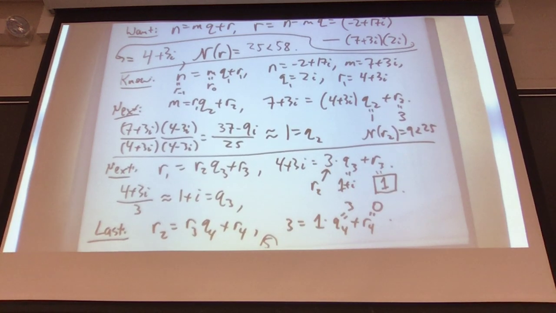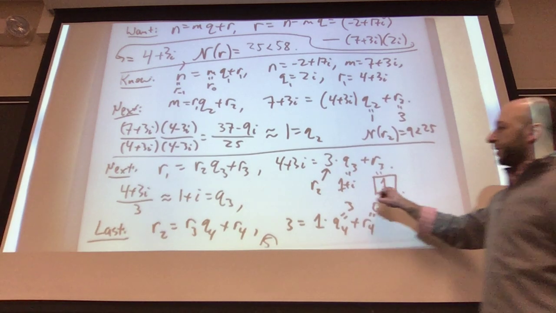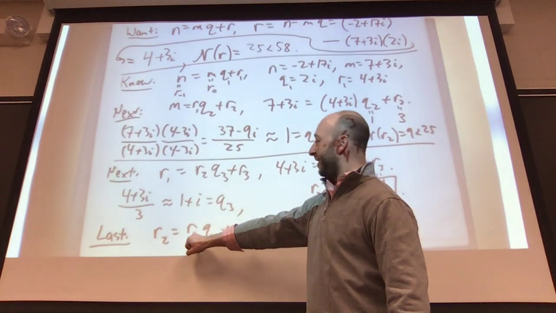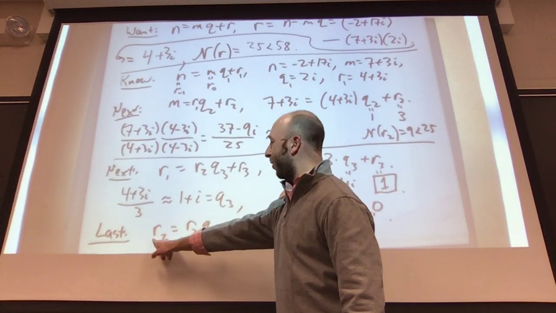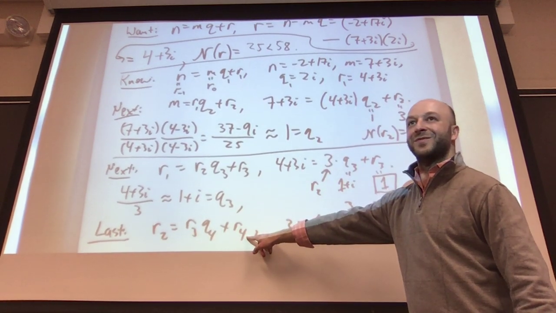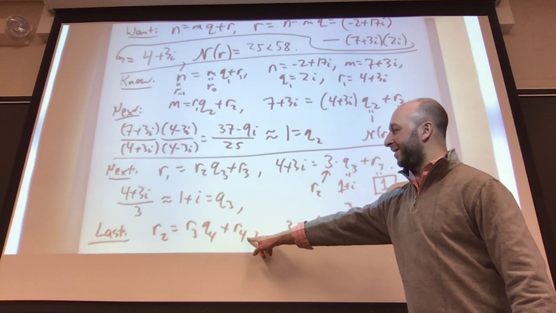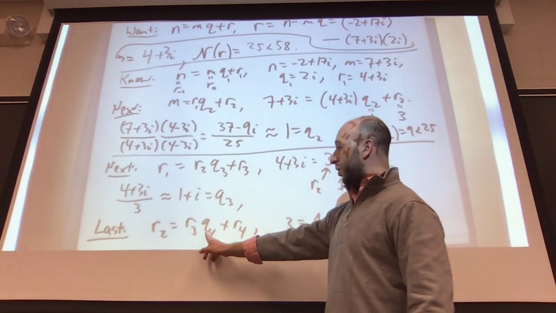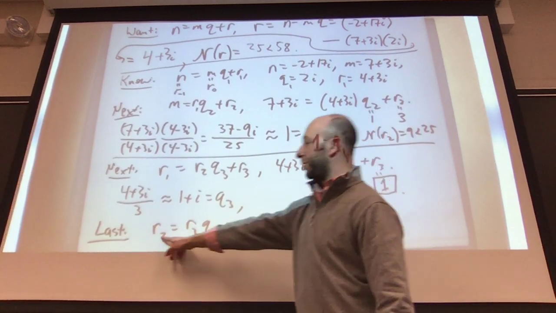Charles? If the remainder is 1, does that mean the next step, the remainder is always going to be 0? Because in the next step you can just choose Q4 equal to R2 times 1, and the remainder is 0. Right, Q can just be R2, because R2 is a Gaussian integer.